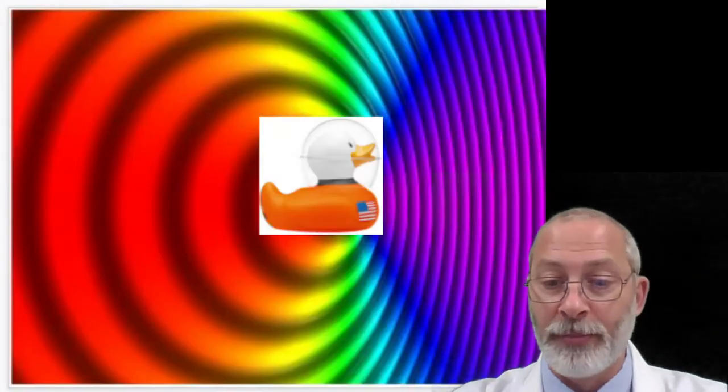Okay, welcome back. Hopefully, you discussed how our space duck yesterday helped explain the Doppler effect and how the Doppler effect is observed by us in the form of waves. Let's go back to some of the pictures from yesterday.